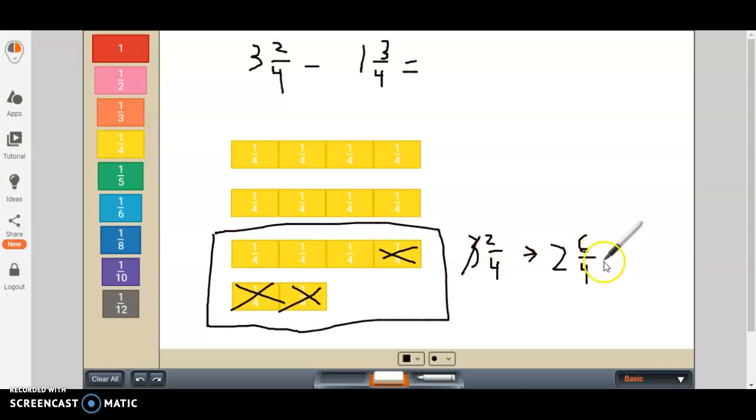And, let's see. Subtracting 1 and 3/4. Well, 6/4 minus 3/4 equals 3/4. Oops. Running out of space. So I'll put my answer up here. 3/4. But I'm not done. I have to subtract the whole number.